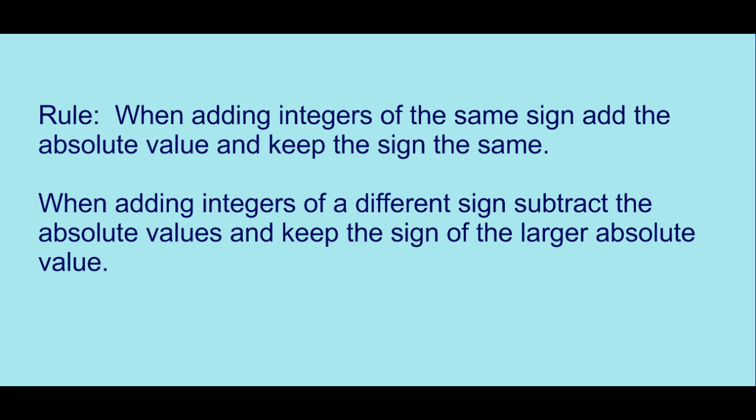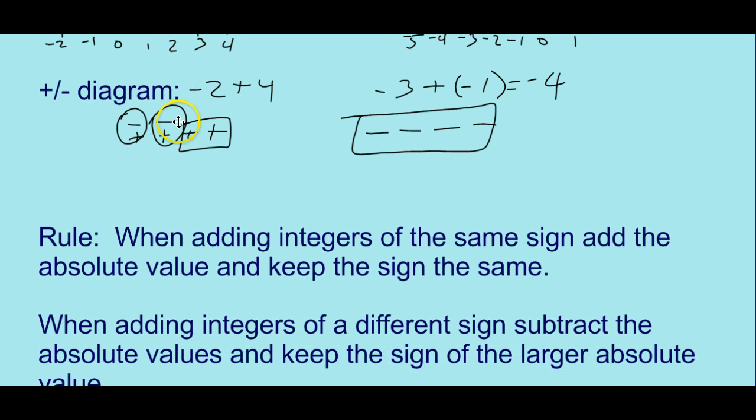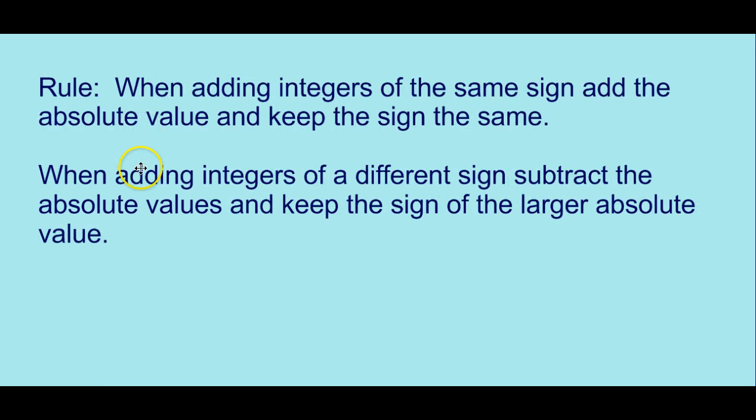Our second example, we had a positive number and a negative number. So our first example, we had negative 2 plus 4 equals 2. We had a positive number and a negative number. And you notice that's when we're going to create these 0 pairs. A positive and a negative are going to cancel some out. And so you're actually taking away 2 of the 4 positives.